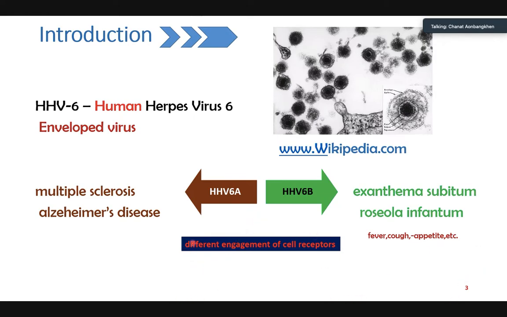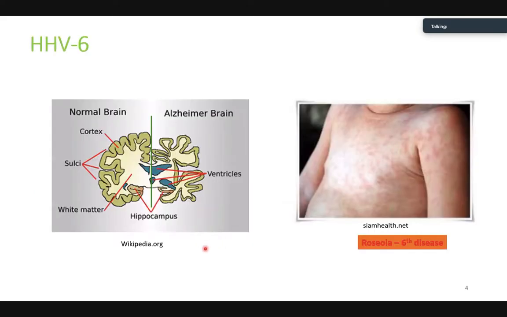HHV6A basically does not have a primary cause, but it has been associated with multiple sclerosis and Alzheimer's disease. This could be an effect of HHV6B, because this is a neurodegenerative disease of a normal brain. Then the roseola infantum could have effect on an infant like this.